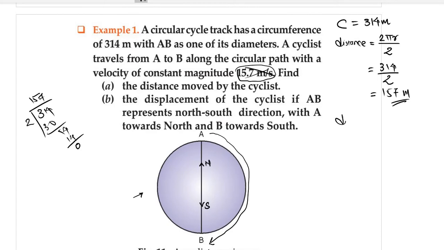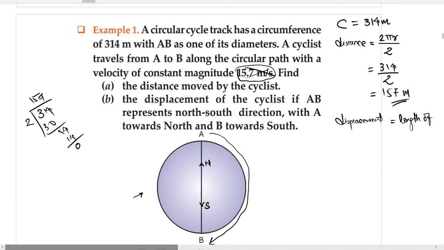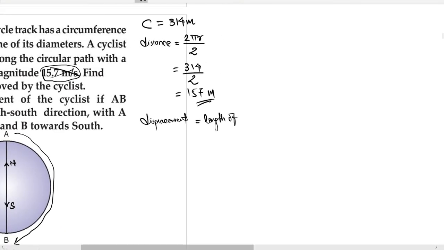What is the displacement? See, displacement from A to B is the length of the shortest path, and here the length of the shortest path between A to B is nothing but the length of the diameter, right? What is the length of the diameter? 2 times the radius.